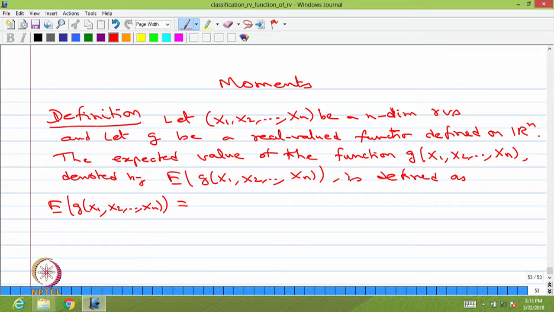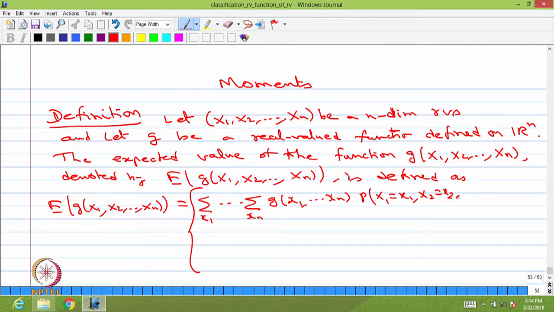Suppose X1, X2, Xn are discrete type random variables, then this is going to be n summations, with respect to x1, and the second summation with respect to x2 and so on, the last summation with respect to xn, of g of x1 and so on xn, times the probability that X1 takes the value x1, X2 takes the value x2 and so on, Xn takes the value xn, when all these random variables are of the discrete type.